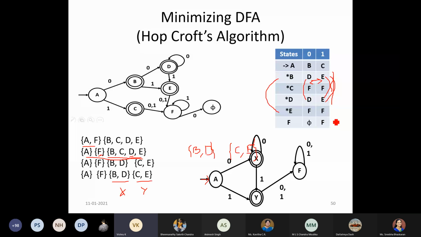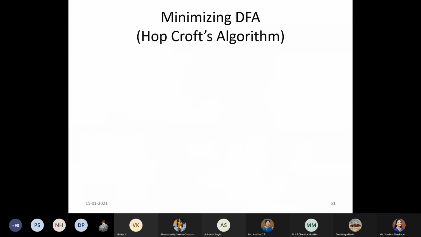Not for all the inputs, only one case at a time. Okay. Fine.